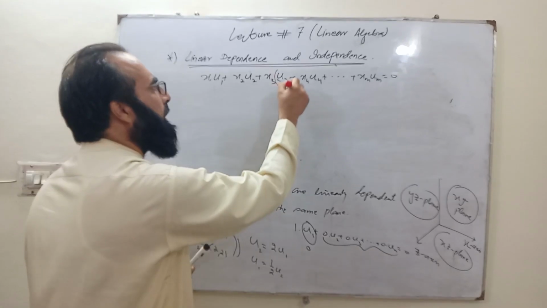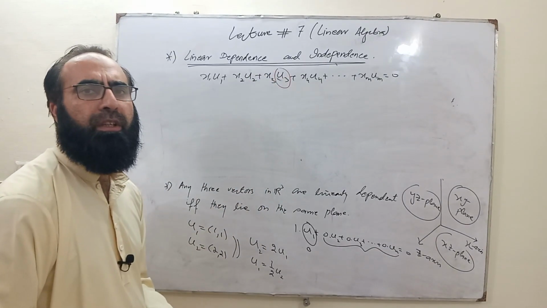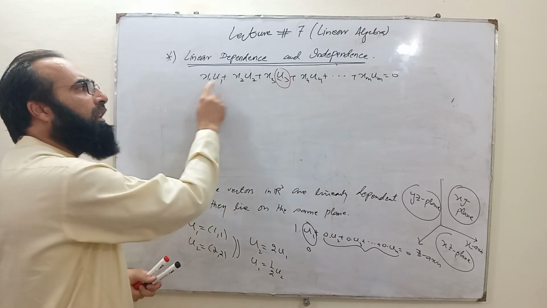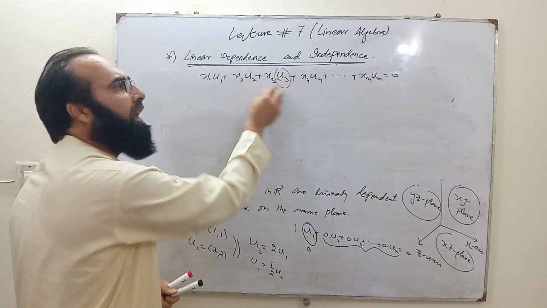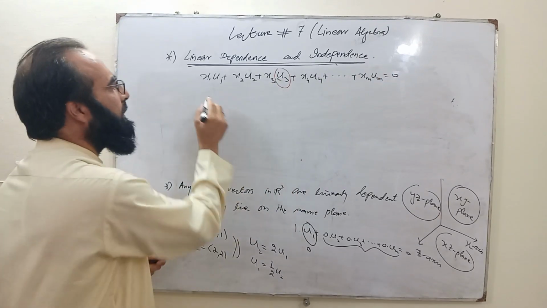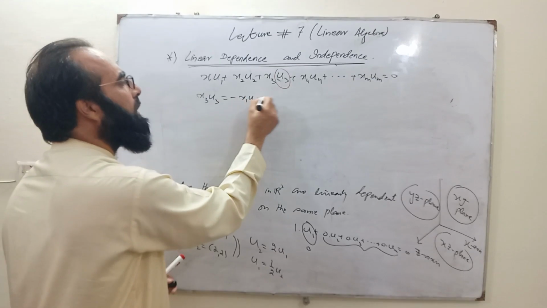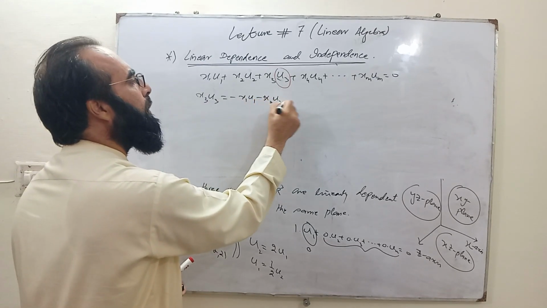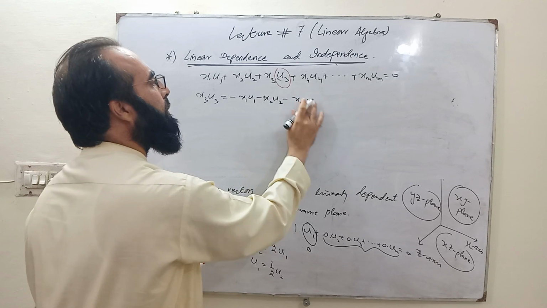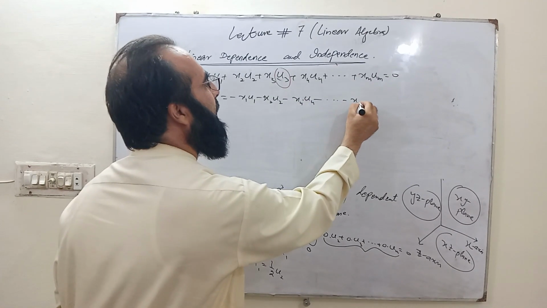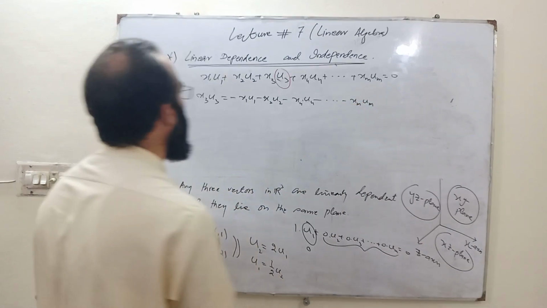So move all these terms except this one to the right side, and we will get x3 u3 is equal to minus x1 u1 minus x2 u2 minus x4 u4 up to minus xm um.